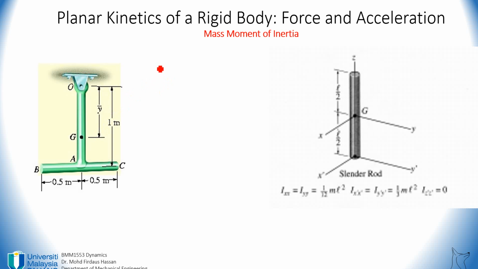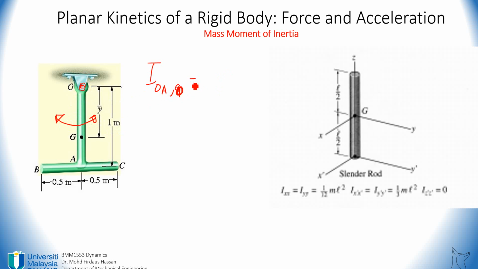So we have to find the mass moment of inertia for rod OA, not at G, not in the middle of this rod, but at point O. You can see that if you push these two rods, this composite body, it can swing either to the right or to the left, where the axis of rotation is passing through O. Okay, so I_OA at O.